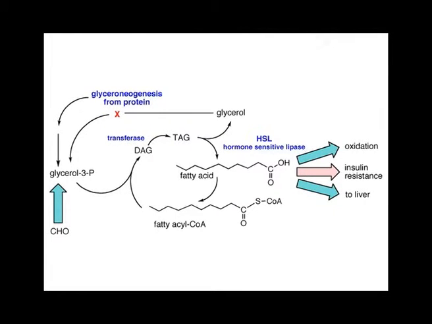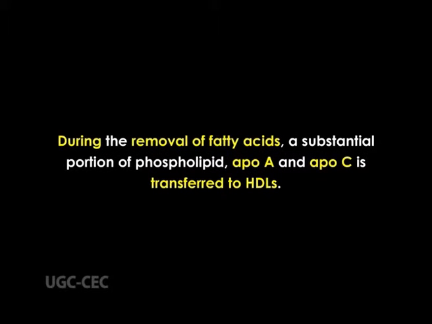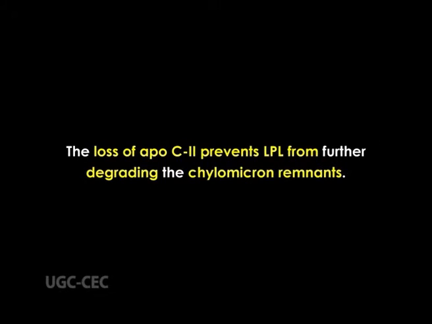The free fatty acids are then absorbed by the tissues and the glycerol, backbone of the triglycerides, is returned via the blood to the liver and kidneys. During the removal of fatty acids, a substantial portion of phospholipid, ApoA and ApoC is transferred to HDLs. The loss of ApoC2 prevents LPL from further degrading the chylomicron remnants.